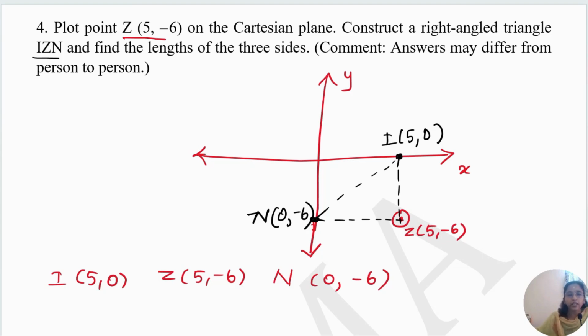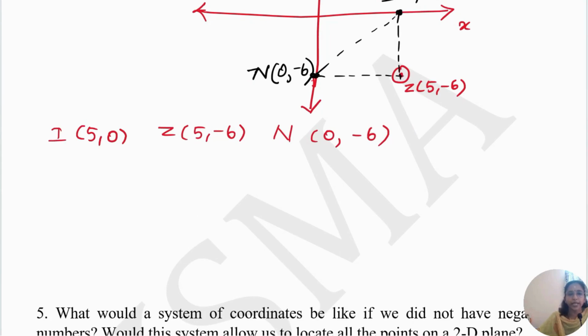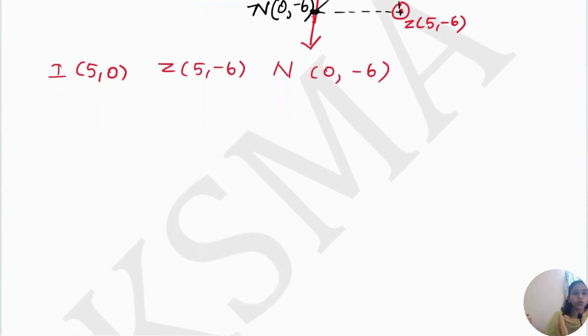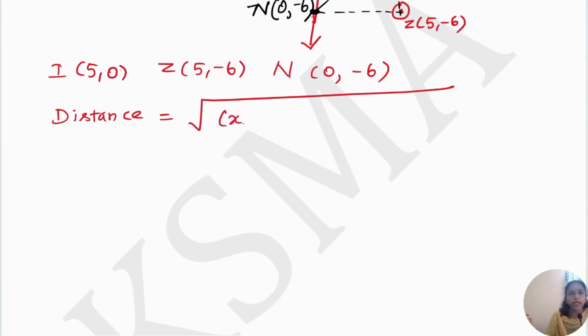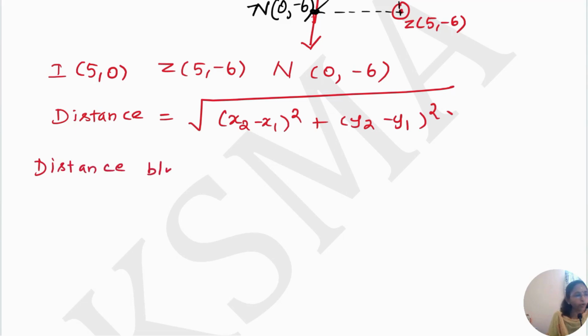You can find the distance between those points. You know the distance formula between two points: the square root of (x2 minus x1) the whole square plus (y2 minus y1) the whole square.